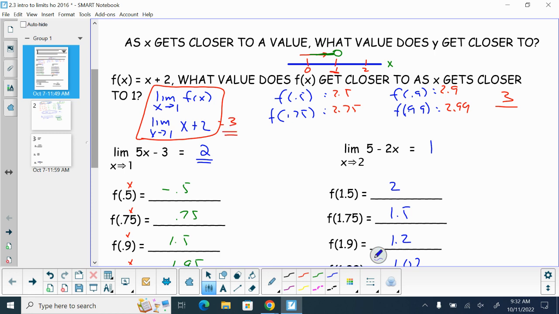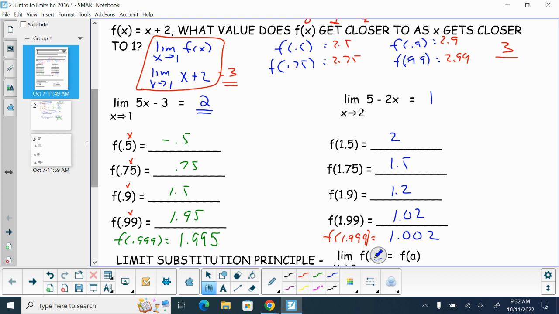So if we look at what's happening here, limit as x approaches 1 of 5x minus 3 came down to 2. Limit as x approaches 1 of x plus 2, we came down to a value of 3. Limit as x approaches 2 of 5x minus 2, we came down to a value of 1.